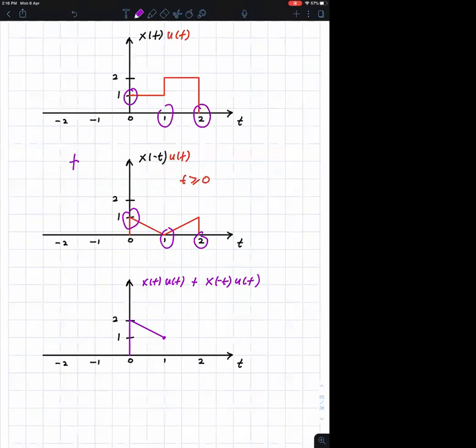Am I right? Yes, sir. 2 plus 1 is 3 right here.